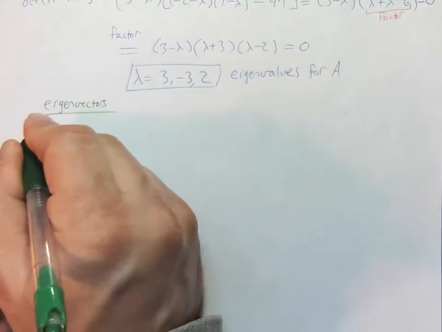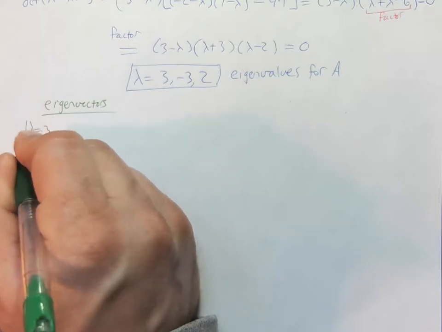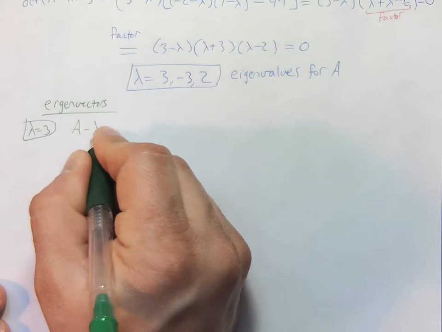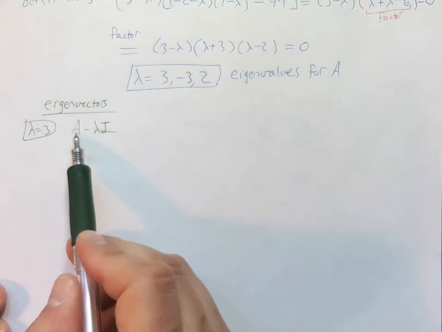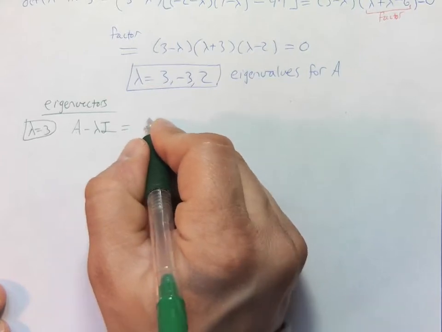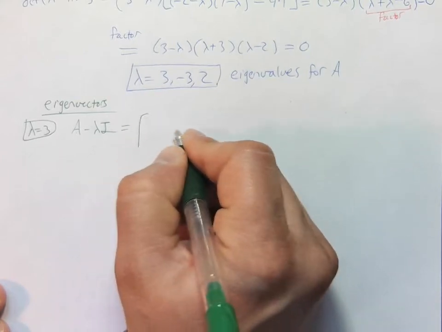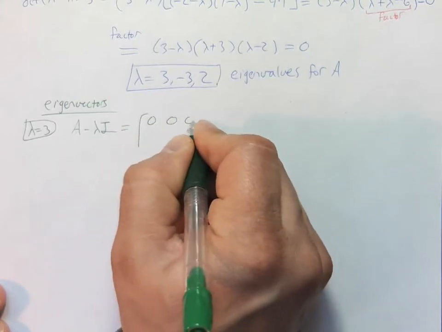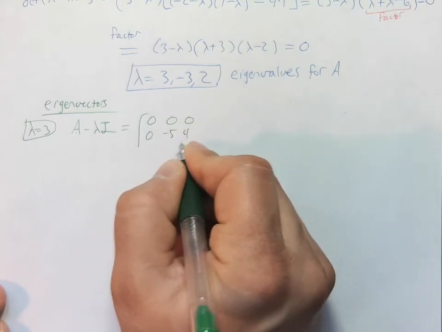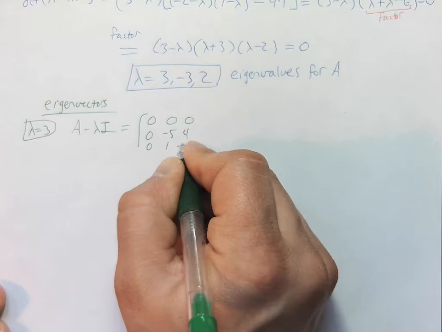So let's start with lambda equals 3. When we plug in lambda equals 3 and do A minus lambda I, again, you just take the matrix A and subtract lambda from the diagonals. And so that's going to be this: 0, 0, 0, 0, minus 5, 4, 0, 1, minus 2.